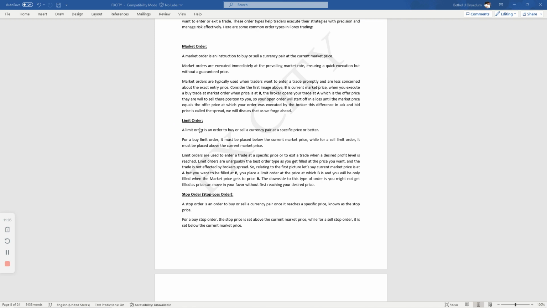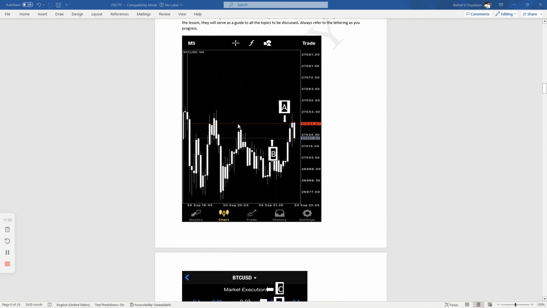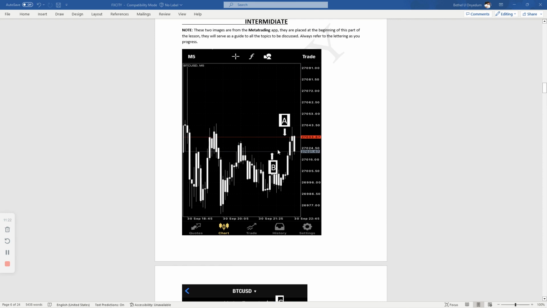So this limit order is an order to buy or sell a particular instrument at a specific price that you have decided. So if you want to use a limit order, let's say you want to buy BTC and you see that the price is here. You want to set a limit.